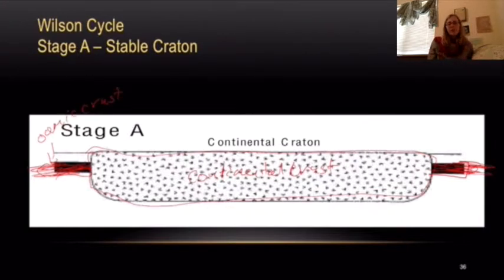Underneath the oceanic crust and the continental crust is what chemical layer? The mantle. The mantle chemical layer of the Earth, right? So we've got felsic and intermediate, mafic, and ultramafic.